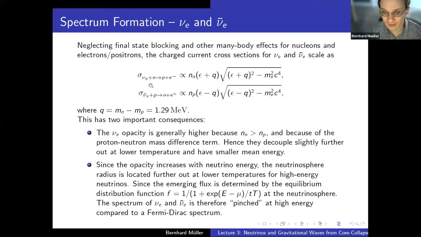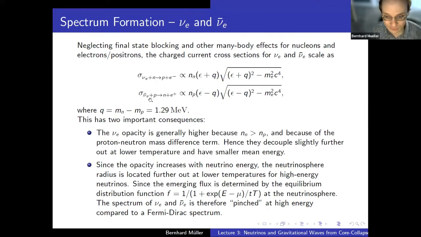Why is it easier? Because the proton plus electron have less rest mass energy than the neutron. So this is an exothermic process, and the neutron decay by itself would be an exothermic process if you had the neutrino on the other side.